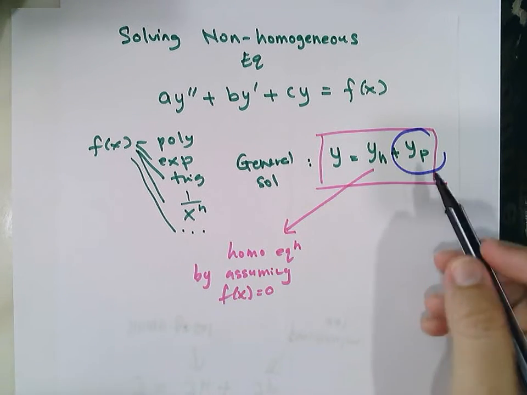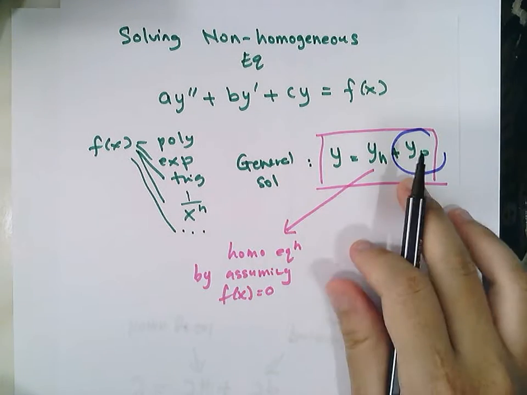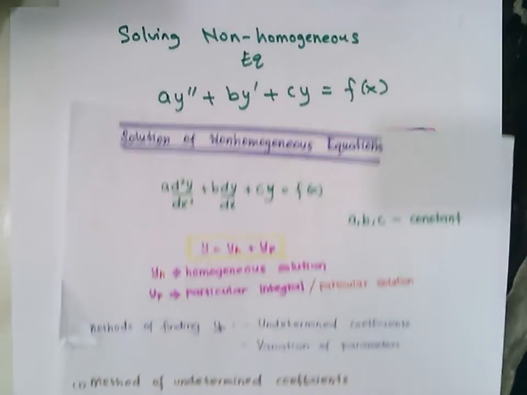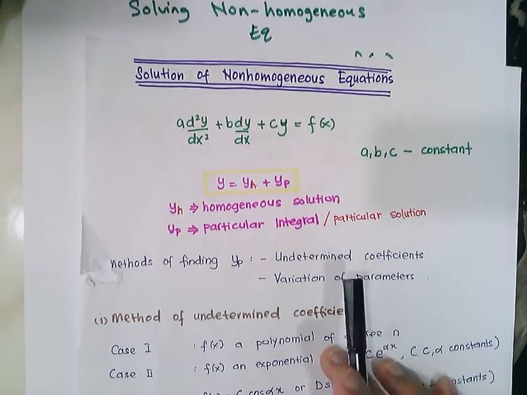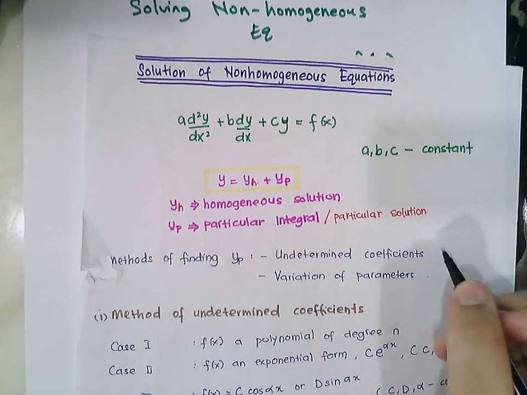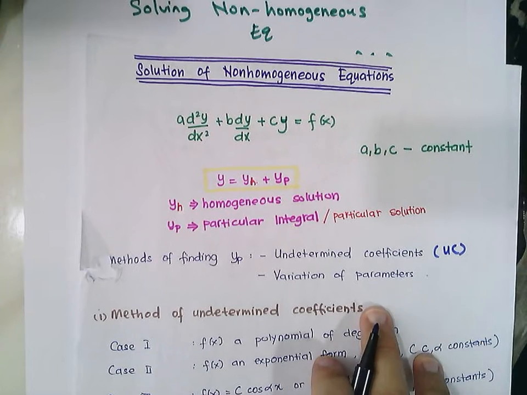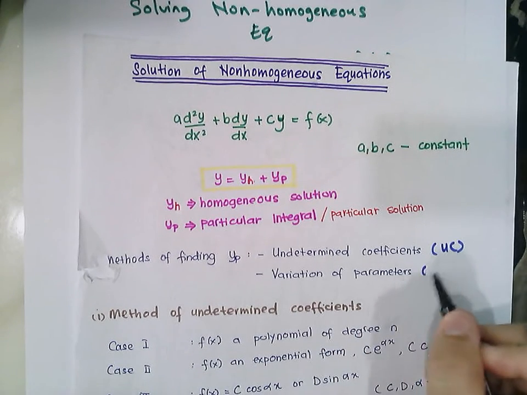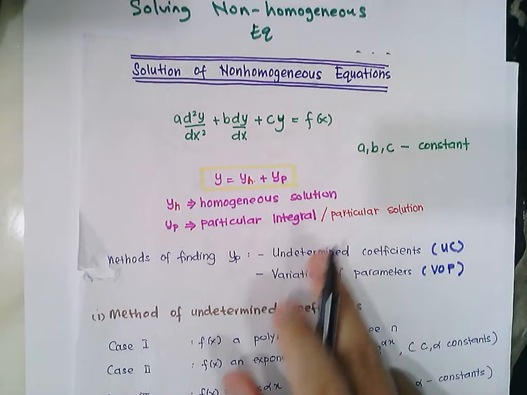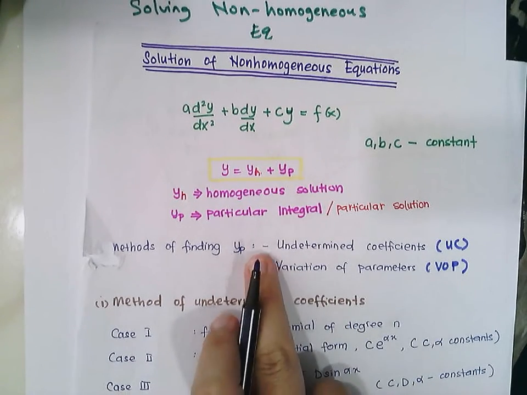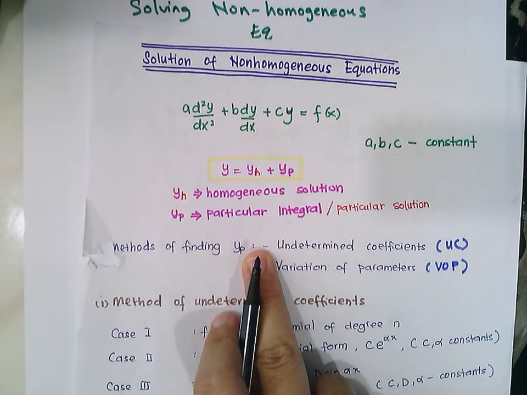There are two methods on finding your yp here. The first one is method of undetermined coefficient, which I always use the short form UC, and another one is variation of parameters, which is VOP. So these are two methods that we can use on finding yp, which is the particular solution.